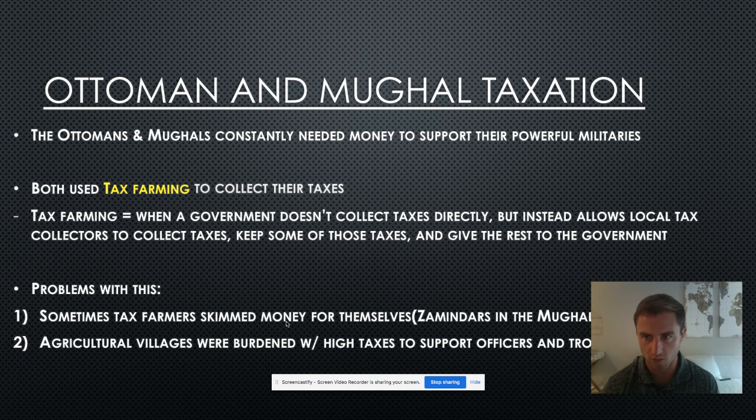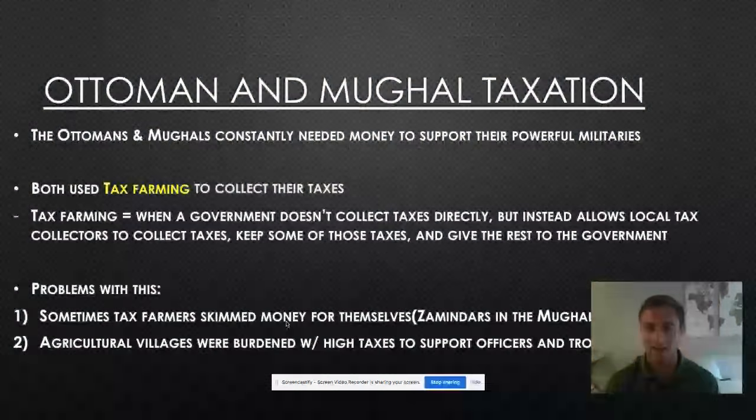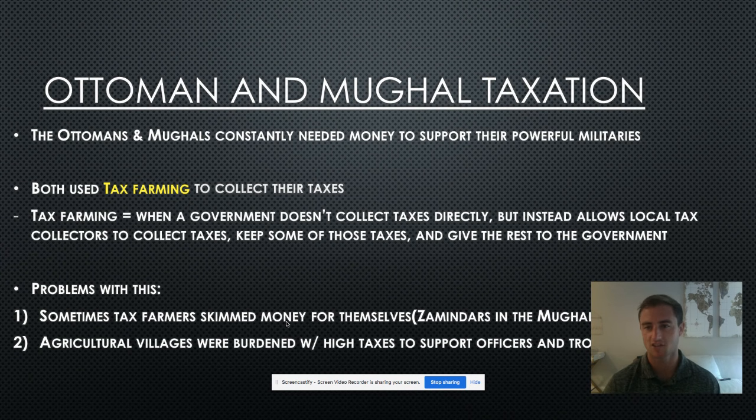And so what the government will do is have these tax farmers, sometimes the nobles in these regions themselves, collect taxes, and then they have to pay just a portion of those taxes to the government. And so this is an indirect method of taxing. It works if you're trying to collect taxes from people that are loyal to regional leaders, but there can be some problems with this as well.